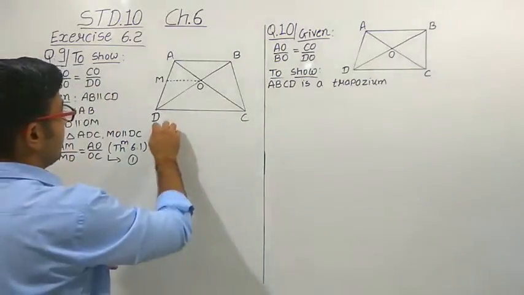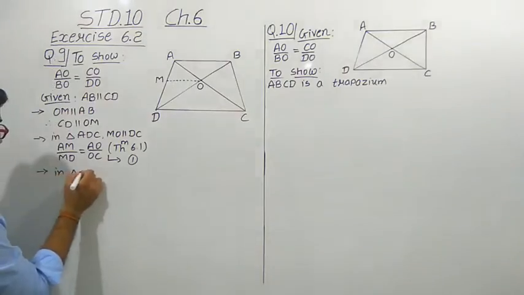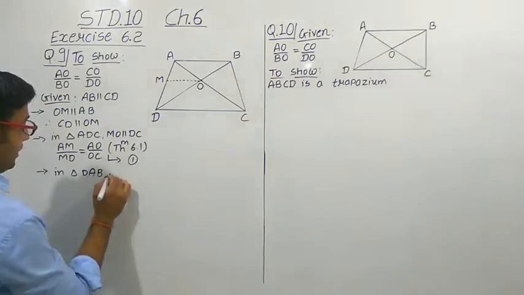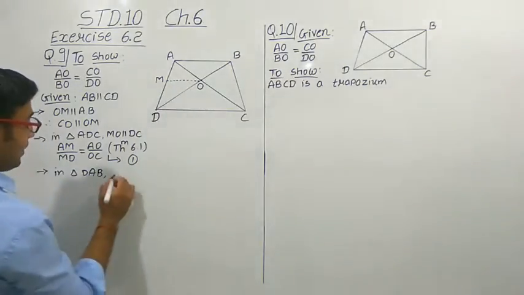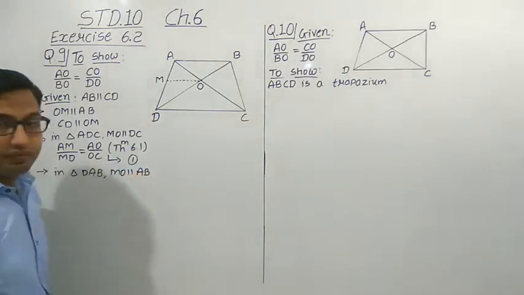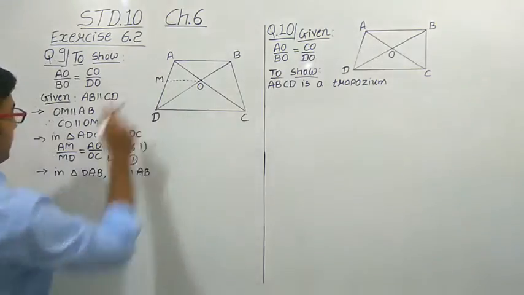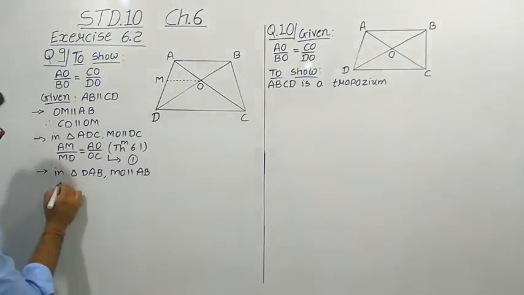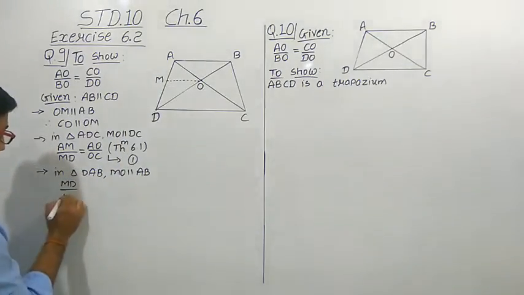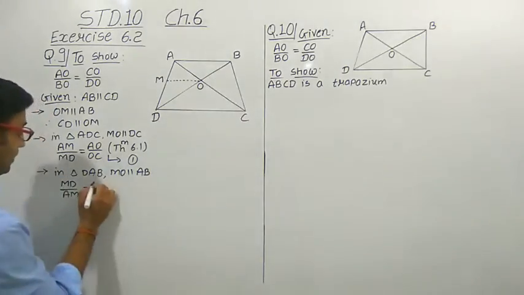Okay. Now consider triangle DAB. In triangle DAB, MO is parallel to AB. Now according to the theorem, we can write that MD upon AM is equal to OD upon OB.